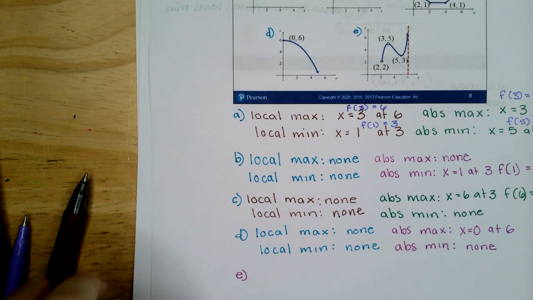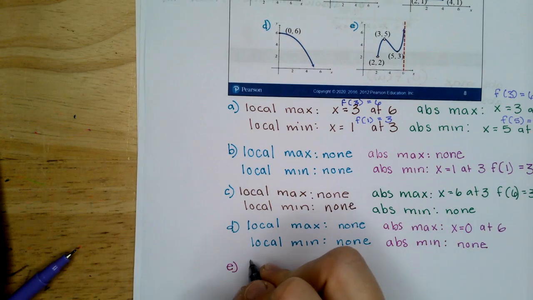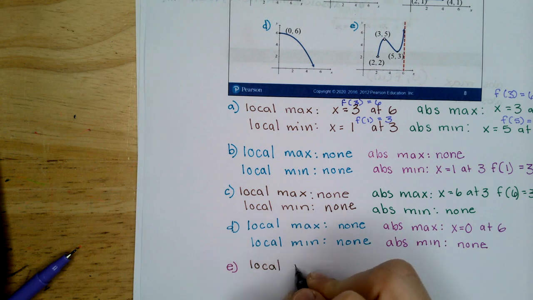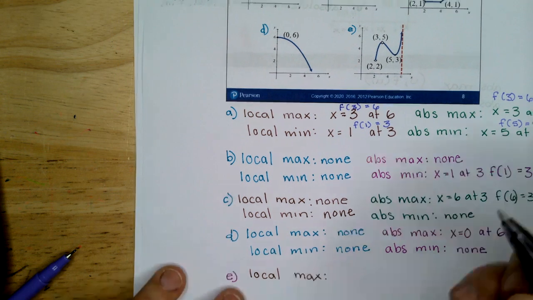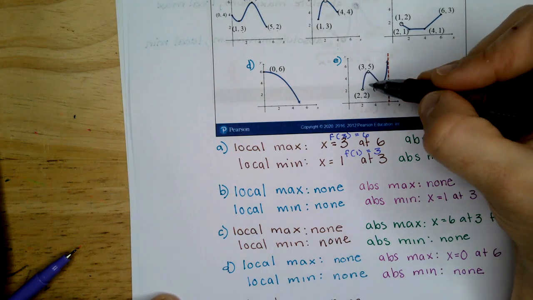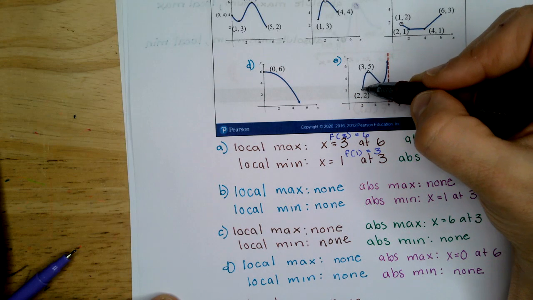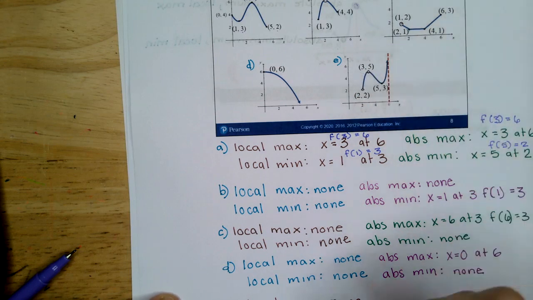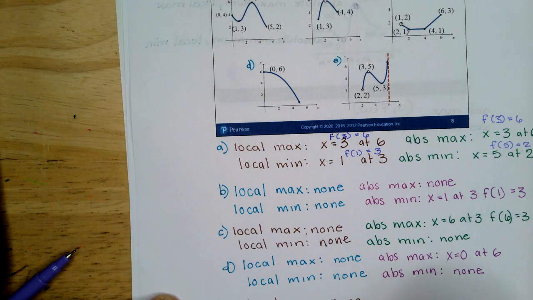All right, E, local max. Again, it needs to be a hill. That's a hill, but that's omitted, so we're saying none. This entire page has just been most of the time you just watching me write local max and local min. Local minimum, 2, 2 does not count because it's not a valley. So 5, 3. X equals 5 at 3.